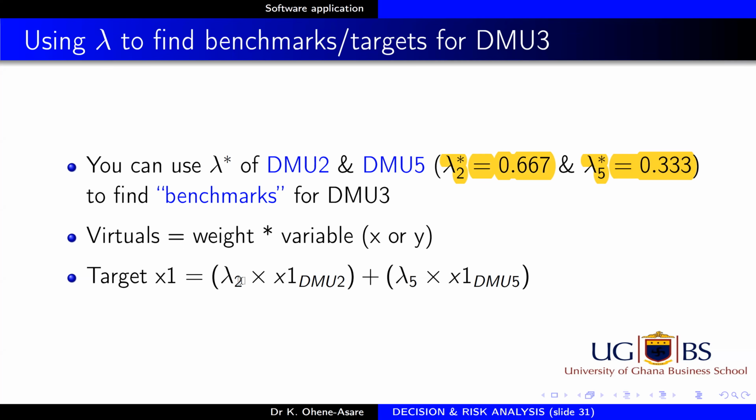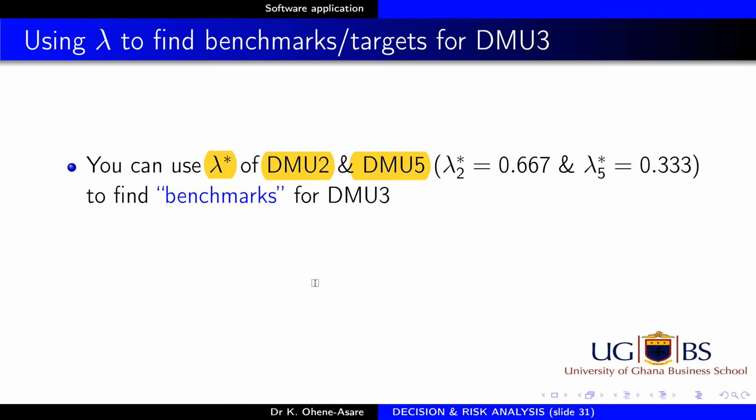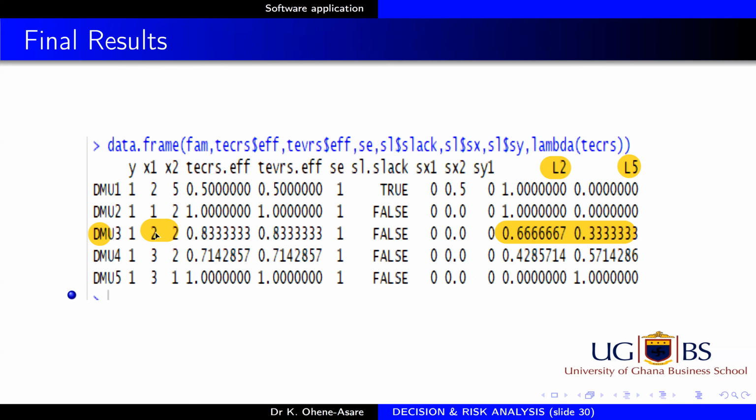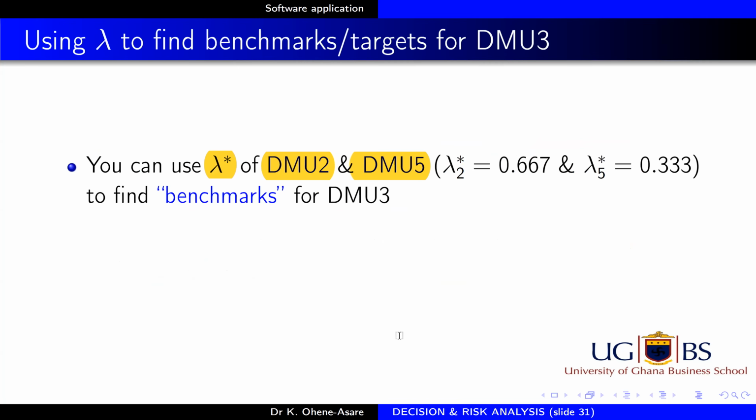So for the lambda 2, you're going to multiply it by the DMU2's input. You know that the input for DMU2 is what? 2. You multiply that input by this lambda, 0.667. Then you add them, as many lambdas as possible.